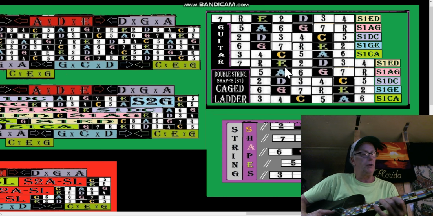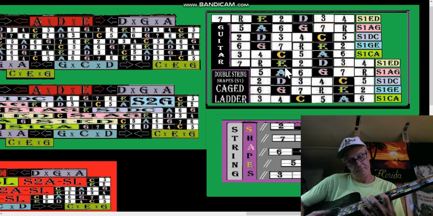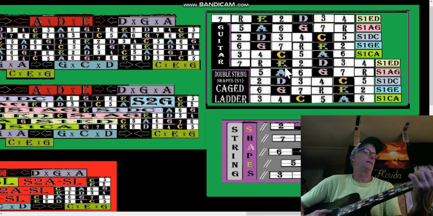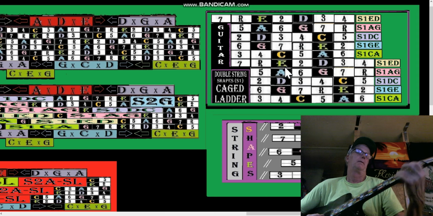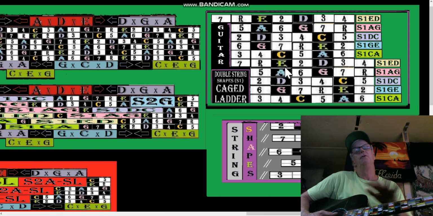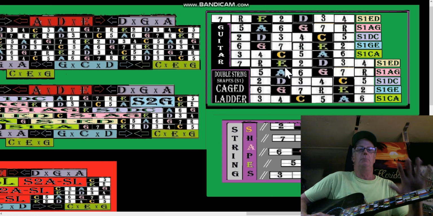Can you play me an Aeolian scale? How about an Ionian? Okay, so we have patterns for each one of the modes.